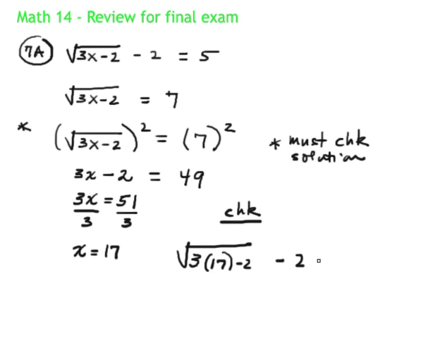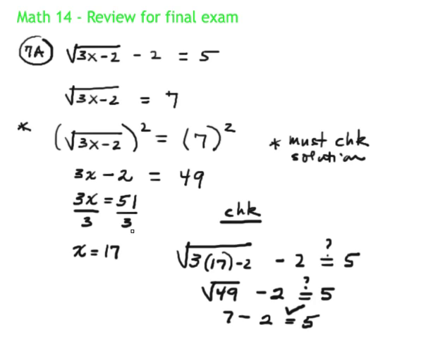Is that equal to 5? That's 51 minus 2. That's the square root of 49. And that's 7 minus 2, which is equal to 5. So x equals 17 is a valid solution.